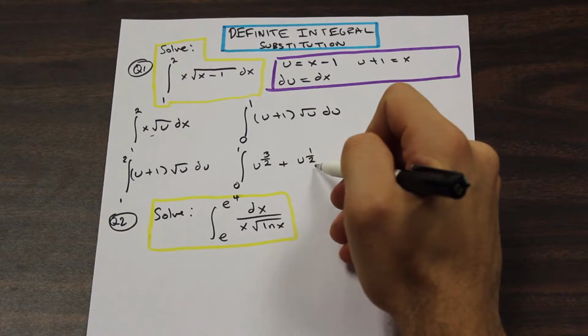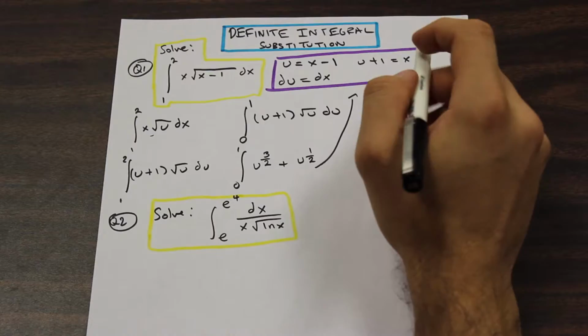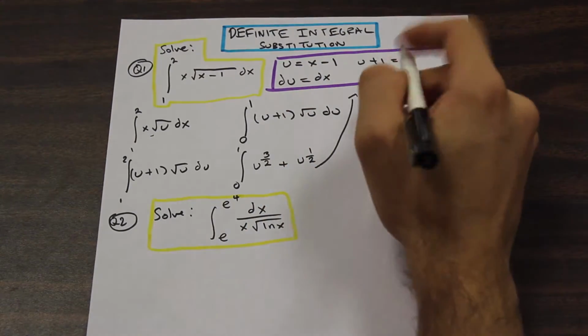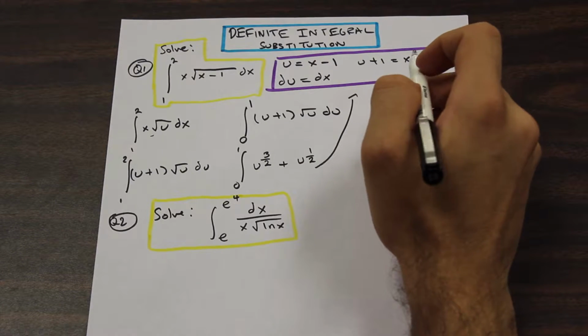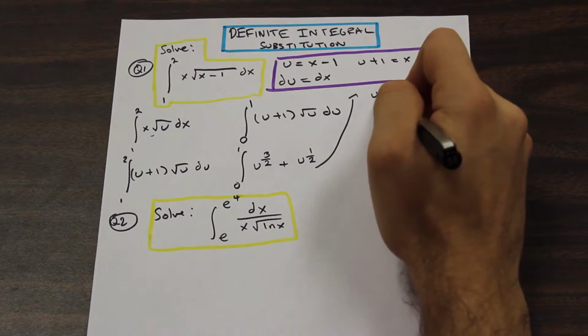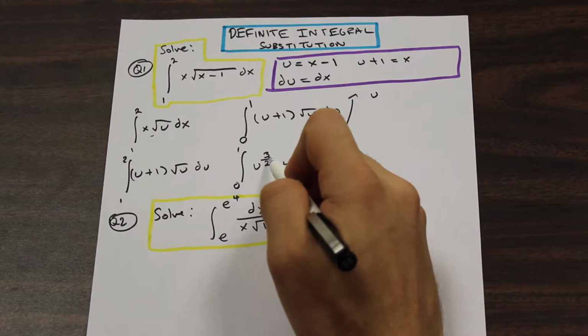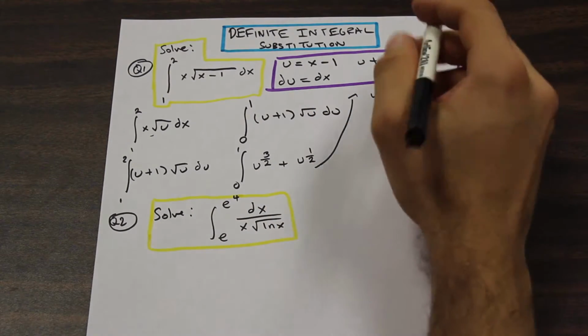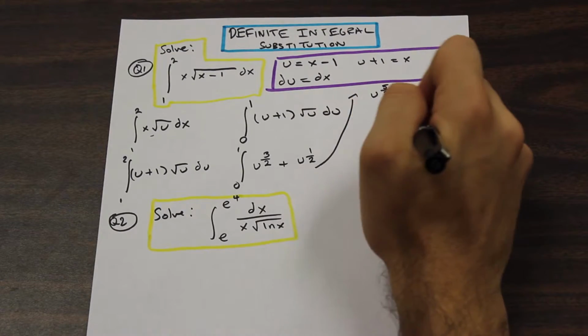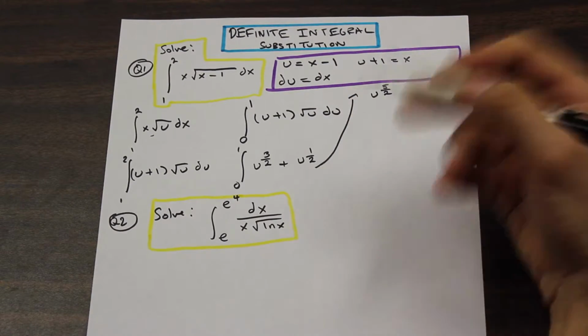So how do we integrate this? We're going to use the power rule. We add 1 to the exponent and then divide the whole thing. So let's do that now. We have u to the 3 over 2 plus 1, which is going to be 5 over 2. We're going to divide the whole thing by 5 over 2, and I'm going to show you the shortcut.